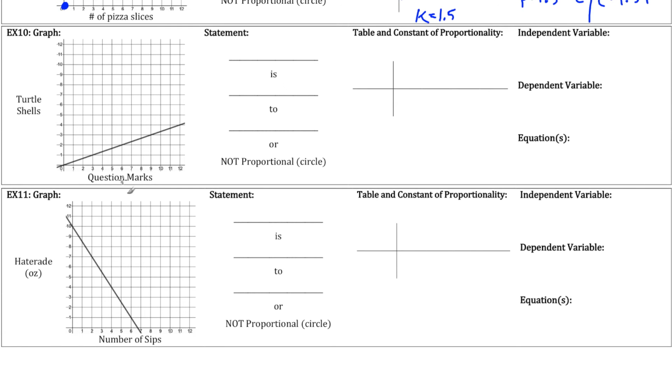So turtle shells, question marks. We can see that it goes through 0, 0, and it's a straight line. So remember, this is our special one. So the number of turtle shells is proportional to the number of question marks.